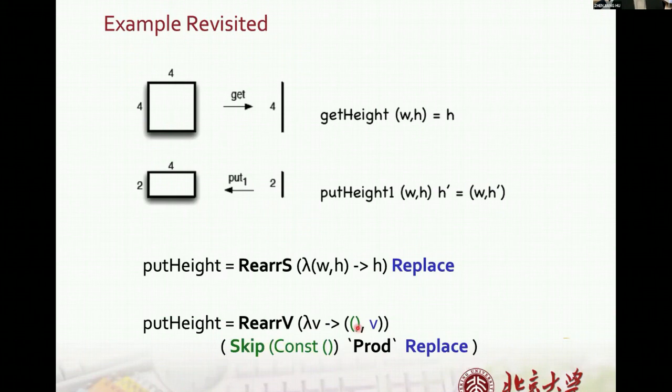And for the view, this corresponds to the height. I use replace, and for the first part, I just say don't change. So the user writing this program is guaranteed that it's always well behaved. So this is one method, characterized by construction.